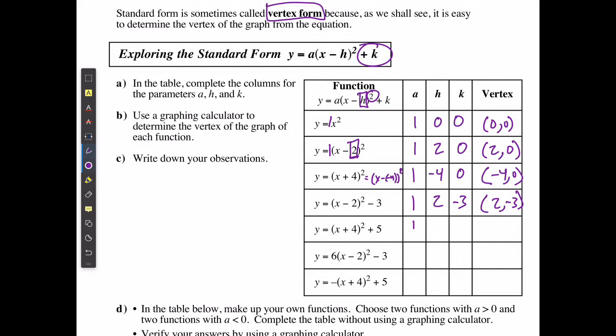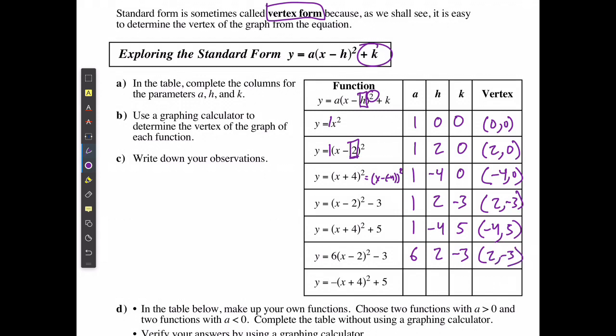In the next one, a is 1, h is negative 4, k is positive 5, and a vertex at negative 4 and 5. For the next one, I have an a value of 6, an h value of 2, and a k value of negative 3, and the vertex occurs at 2 and negative 3.